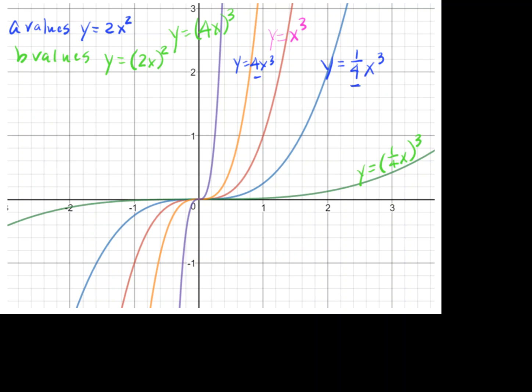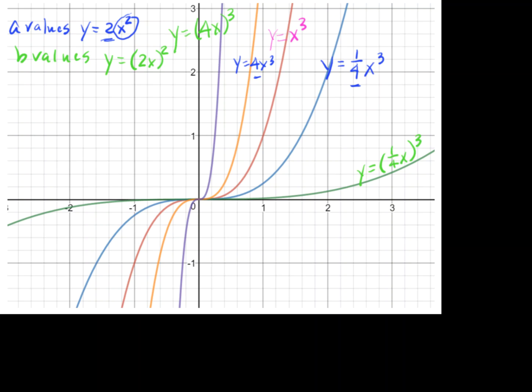The a value 2, the square is not affecting it at all. You take whatever number x is, square it first, and then multiply the entire thing by 2. That's why I say it's multiplying the entire function.